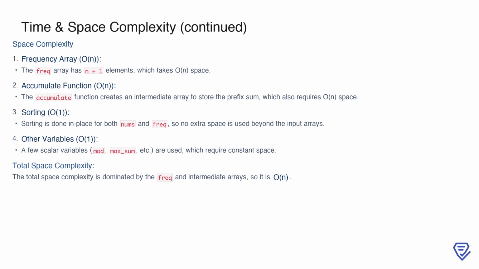This means no additional space is allocated during sorting beyond the input itself, so the sorting step uses O(1) space. Finally, the algorithm uses a few scalar variables such as mod and max_sum, which require constant space, or O(1). Combining these factors, the total space complexity is determined by the frequency array and the intermediate array created during accumulation, resulting in a final space complexity of O(n).